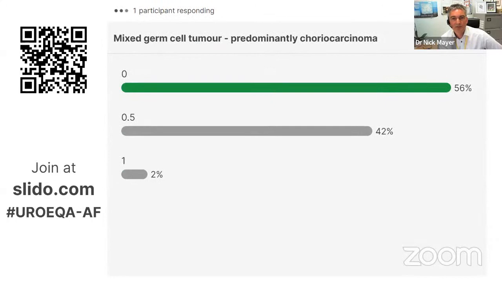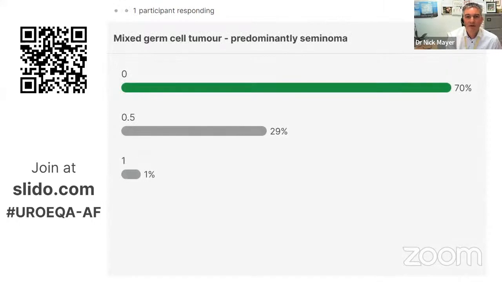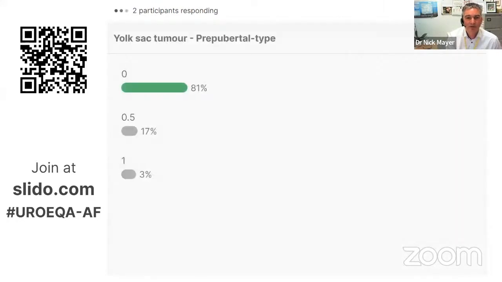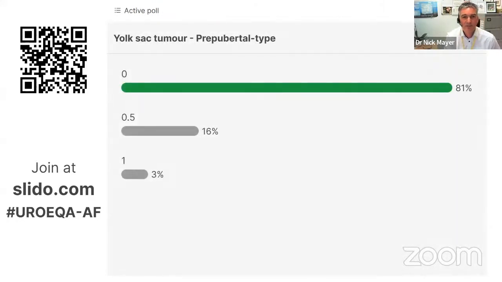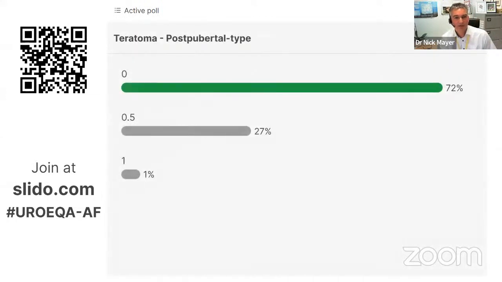And then mixed germ cell tumour, predominantly choreo, is 0, as is predominantly seminoma, as is prepubertal type yolk sac, and teratoma post-pubertal also 0. So a little bit harsh maybe on those latter ones.